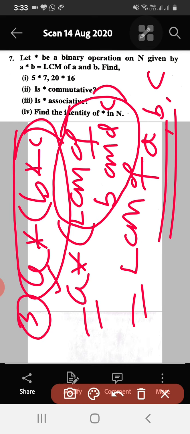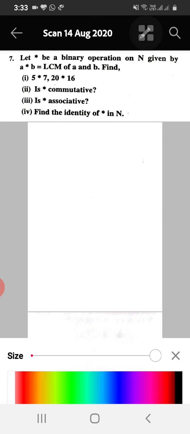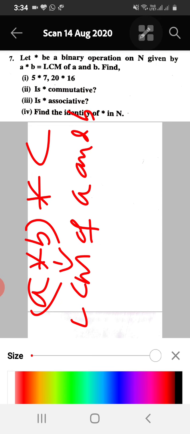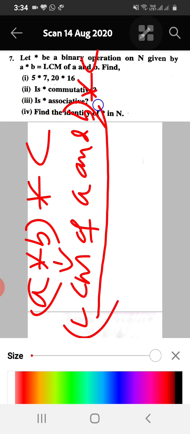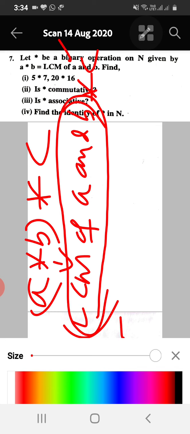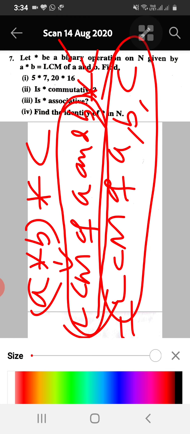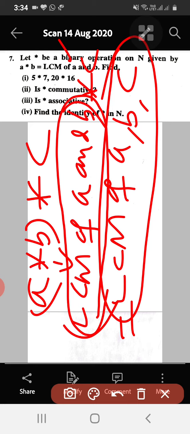So let us consider the other side. Consider A star B, star C. What is this? A star B means LCM of A and B, star C. So you combine this: LCM of A and B star C means LCM of, once again, A, B, C. See, both sides are equal to LCM of A, B, C. So what is the conclusion?